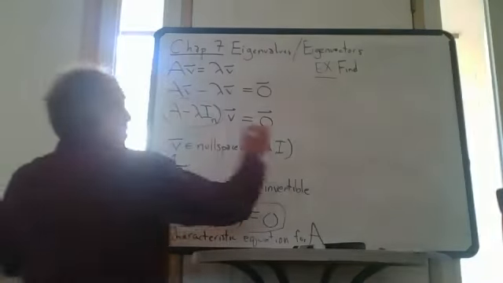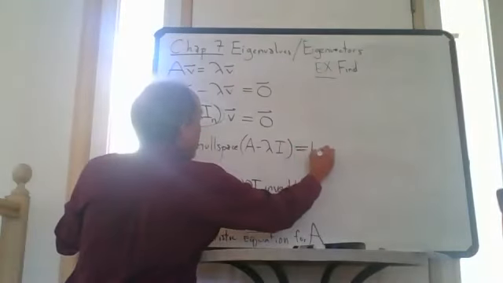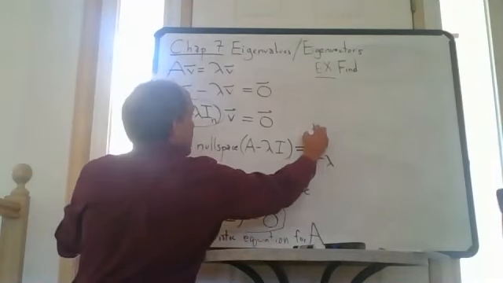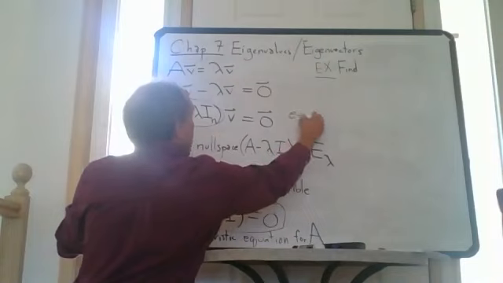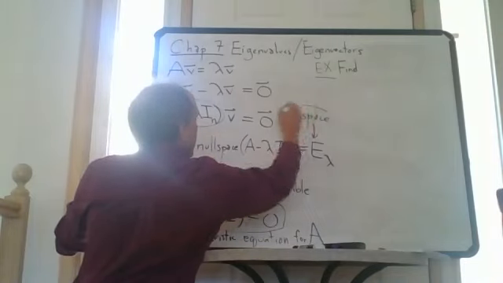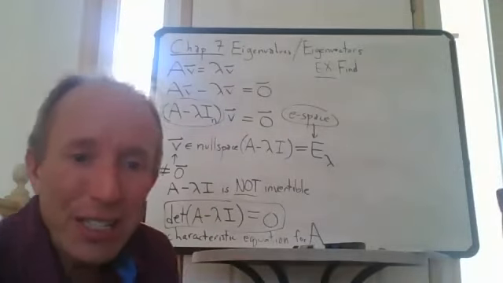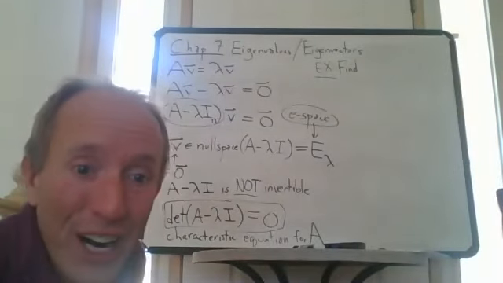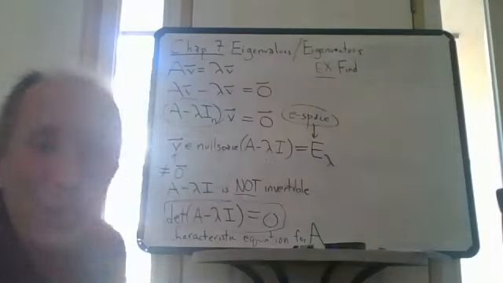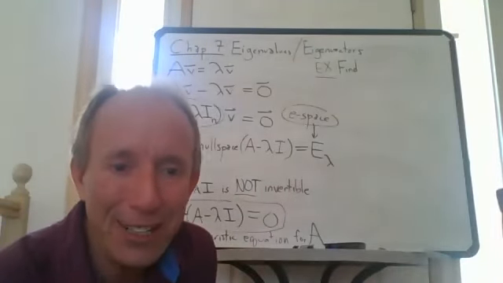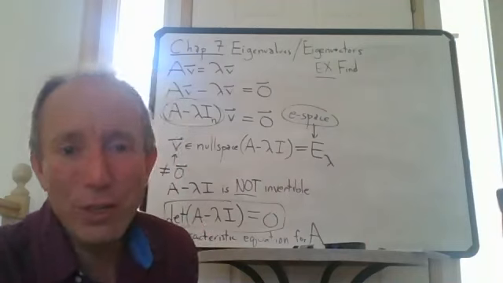My notation is going to be E sub lambda, and this is called an eigenspace. So an eigenspace is just a subspace of R^n that corresponds to the collection of the eigenvectors that correspond to lambda.